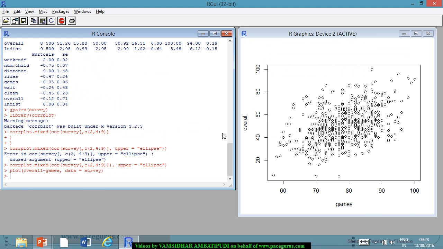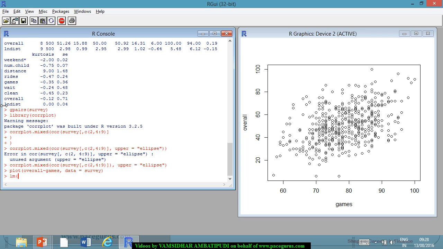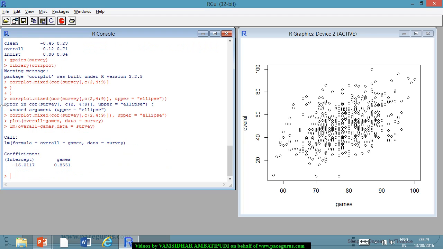We can typically execute the linear model using the lm function. So let me take lm where I'm talking of overall tilde games, with data as survey. So this is my lm function wherein I am getting the equation like this.